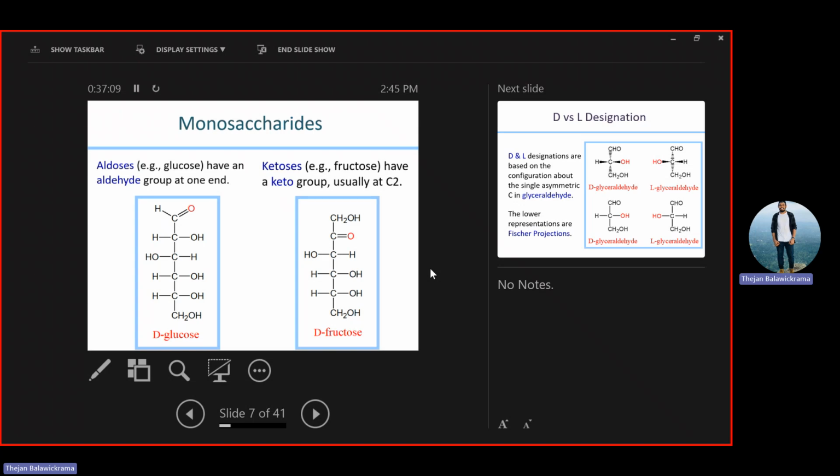If we direct plane polarized light, light is coming in and going out from the other side. But remember, if we have a chiral carbon here, light, without just passing through, will be rotated in the clockwise or anti-clockwise direction.